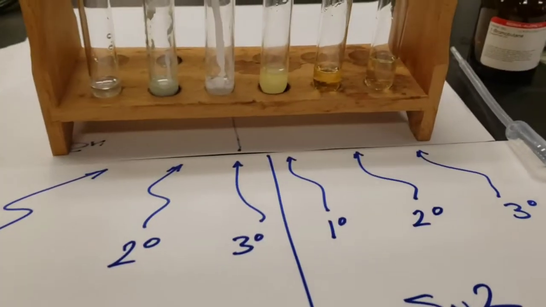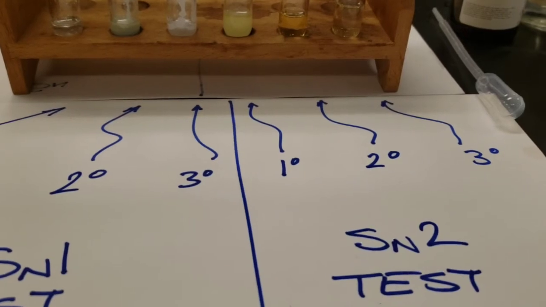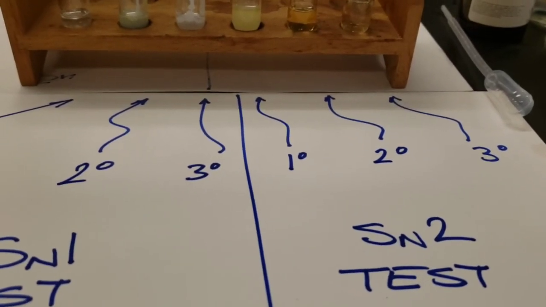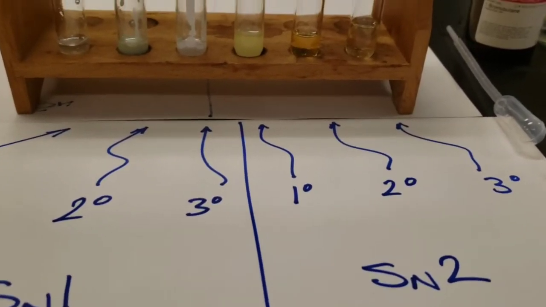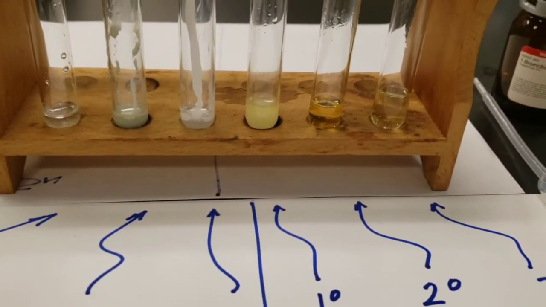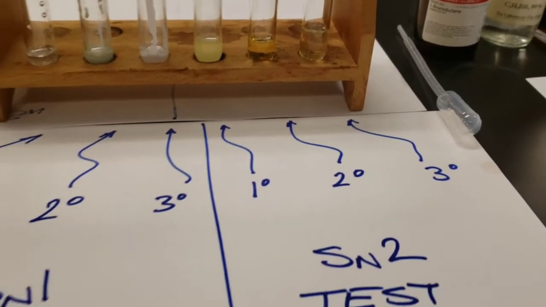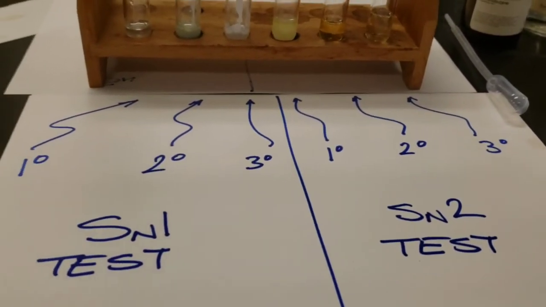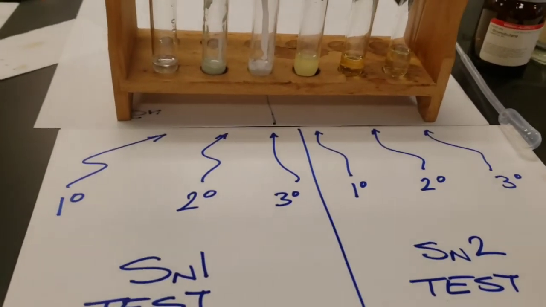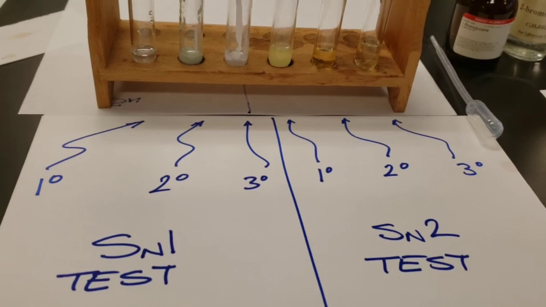In the SN2 test, we had a precipitate of iodide for the primary, a color change for the secondary, but no visible precipitate, and no result for the tertiary. It's your job to rationalize these observations and complete the lab assignment.